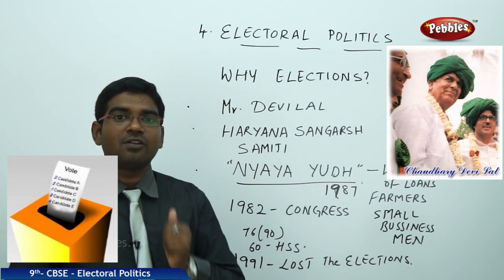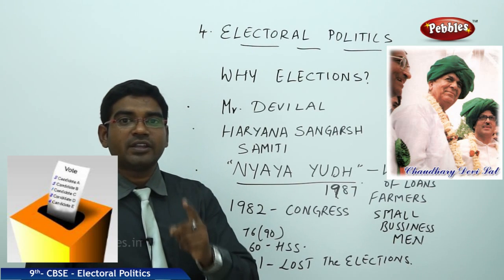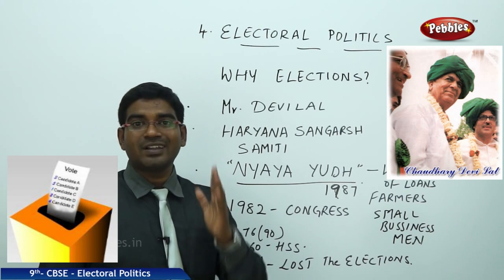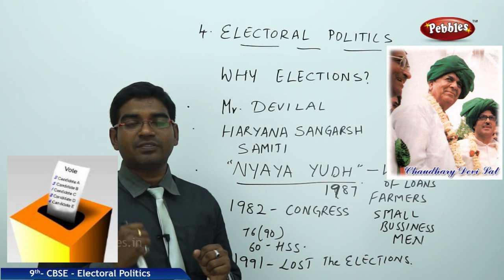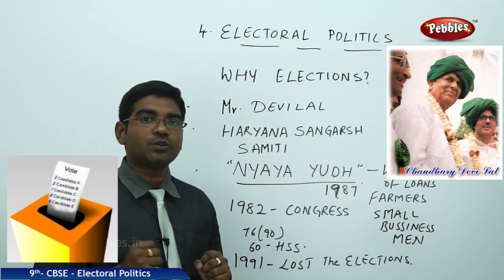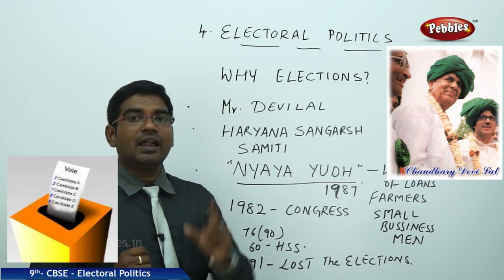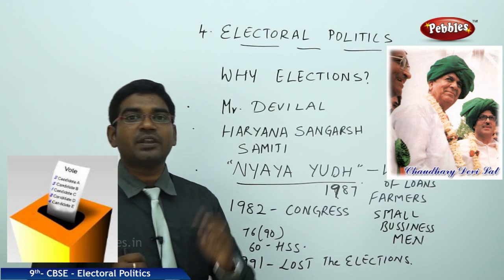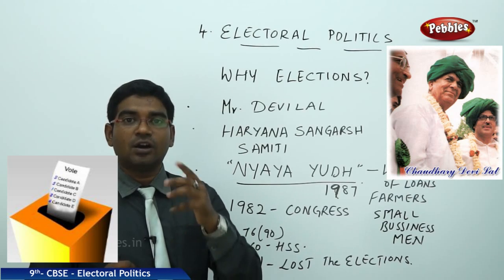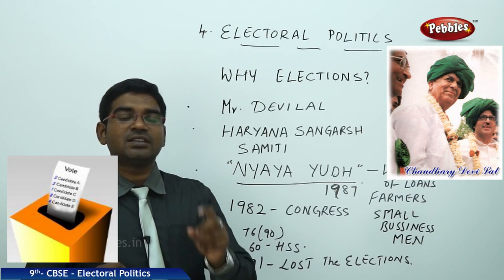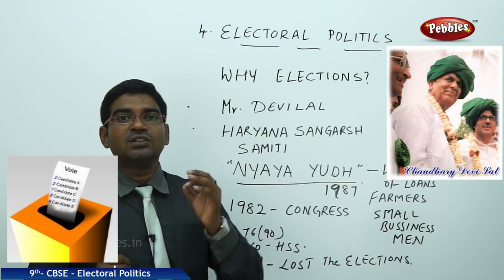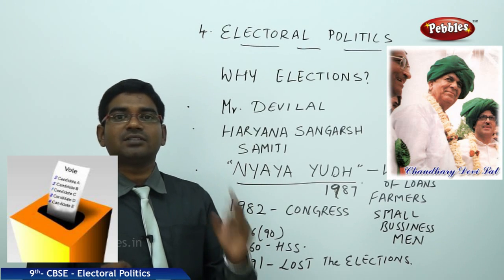So in order to form a government, we need 45 plus 1, that is 46 seats. That is 90 divided by 2, equal to 45, and then one vote is compulsory to prove your majority in the house. So 46 seats are mandatory to form a government in the Haryana assembly.